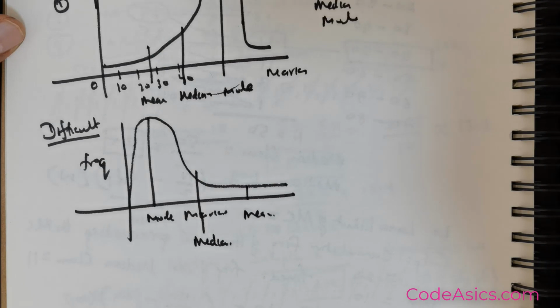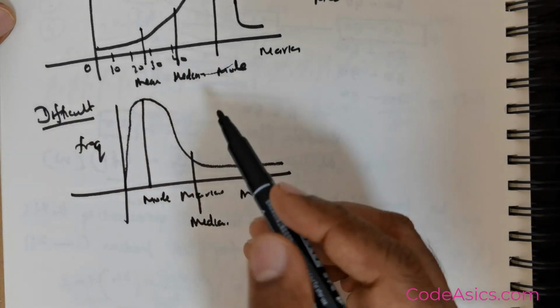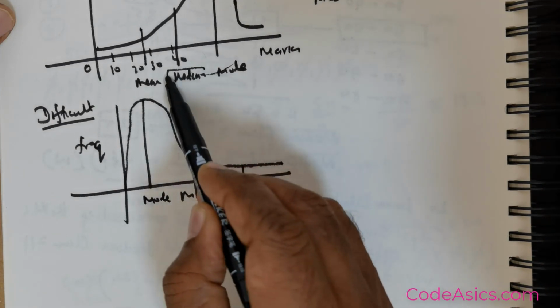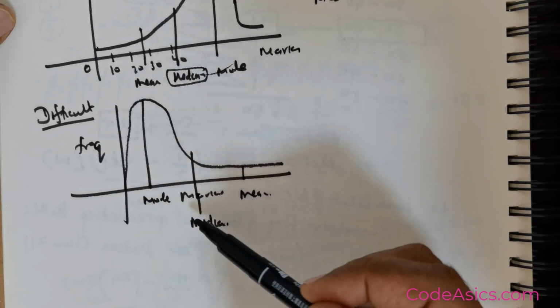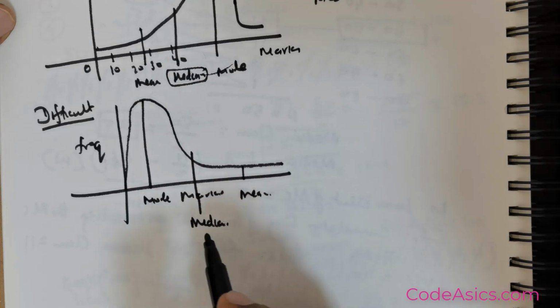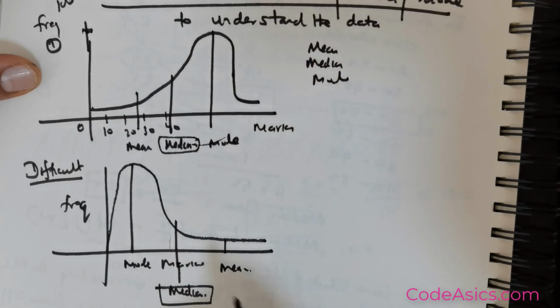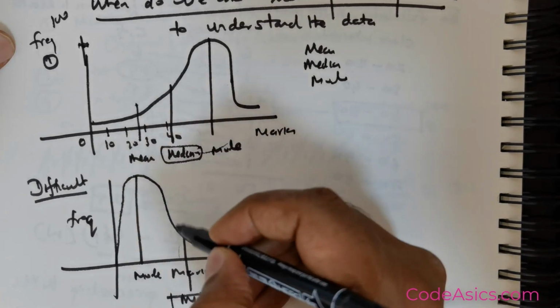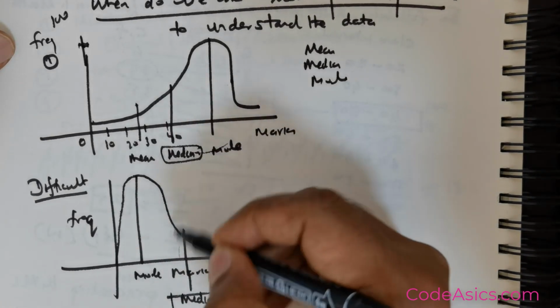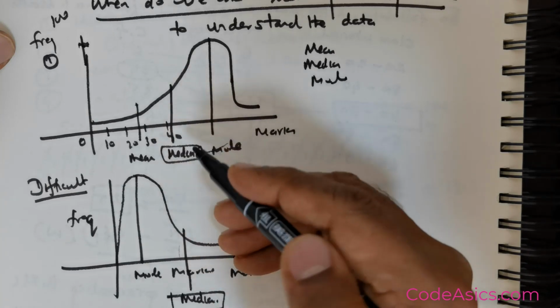So having given you that information, a critical observation here is, no matter whether it's left skewed or right skewed, the median is always the central value. Have that in mind. The median is always lying in the center.